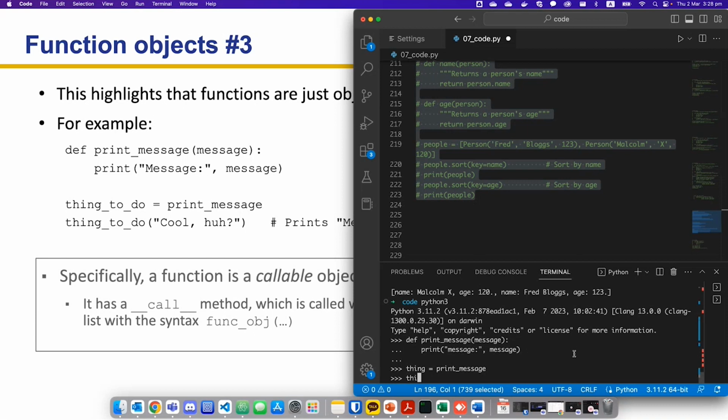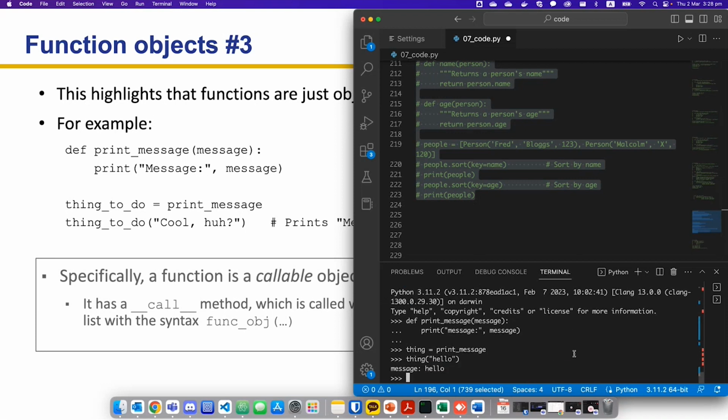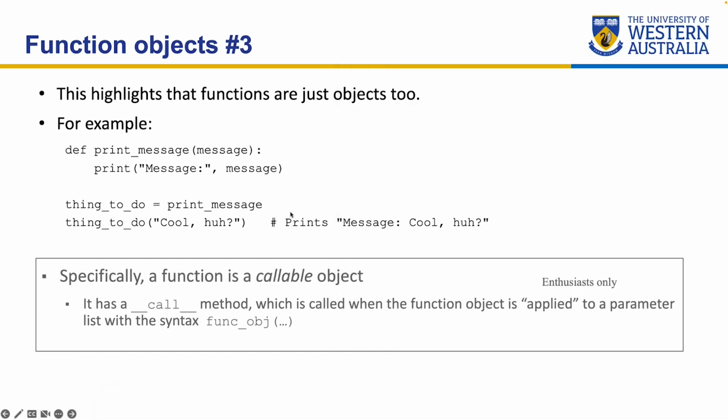So I can do thing and hello. And it's gonna say message is hello. Right? So specifically a function is a callable object, right? That means we can call the function because it's an object and use it as shown here.